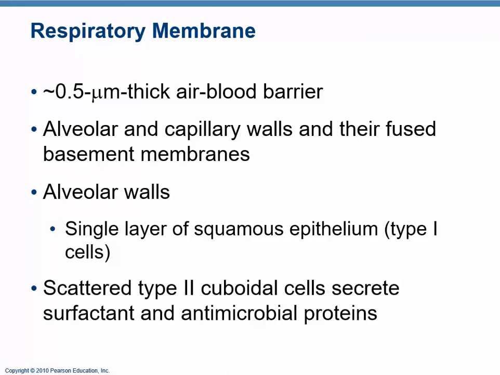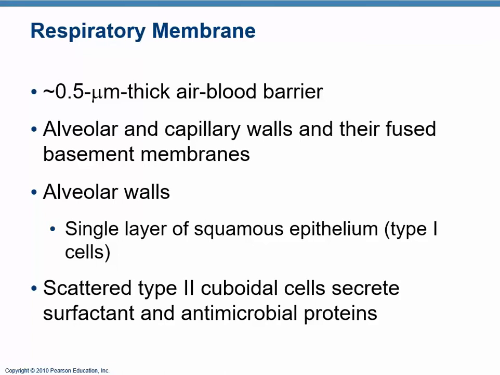The respiratory membrane is made up of the alveolar and capillary walls and the fused basement membranes of those. They're really squamous epithelial cells. Now, there are a couple of different types of cells in the alveoli, type 1 and type 2 cells.